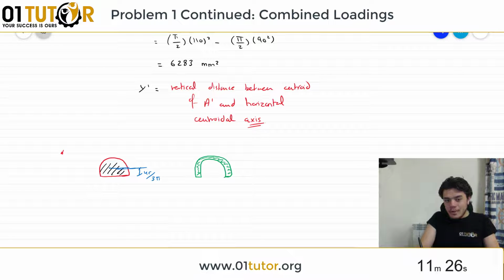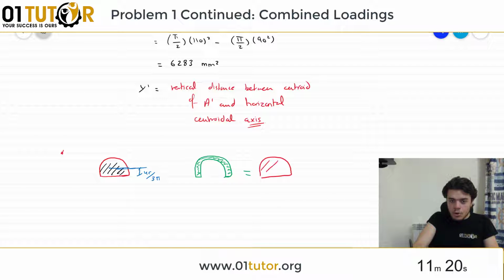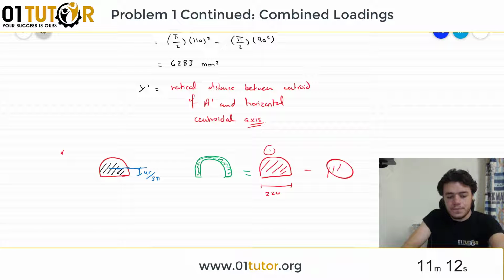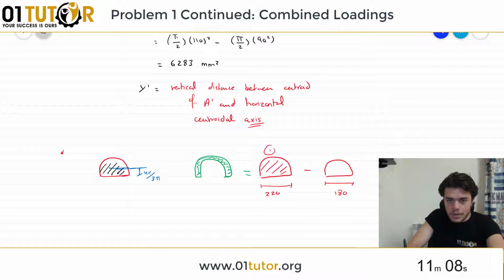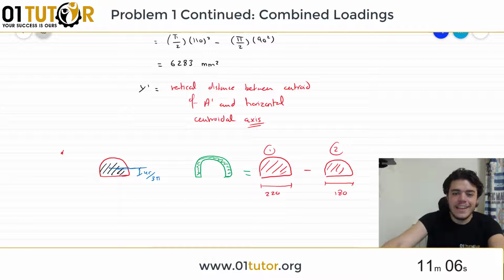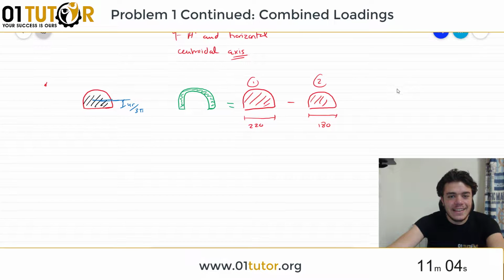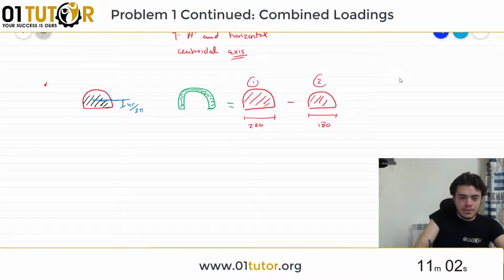So you're going to divide it into the outer whole semicircle, which is one with diameter of 220, minus the inner one, which is going to be 180. Okay, this is it. So, very important remark.